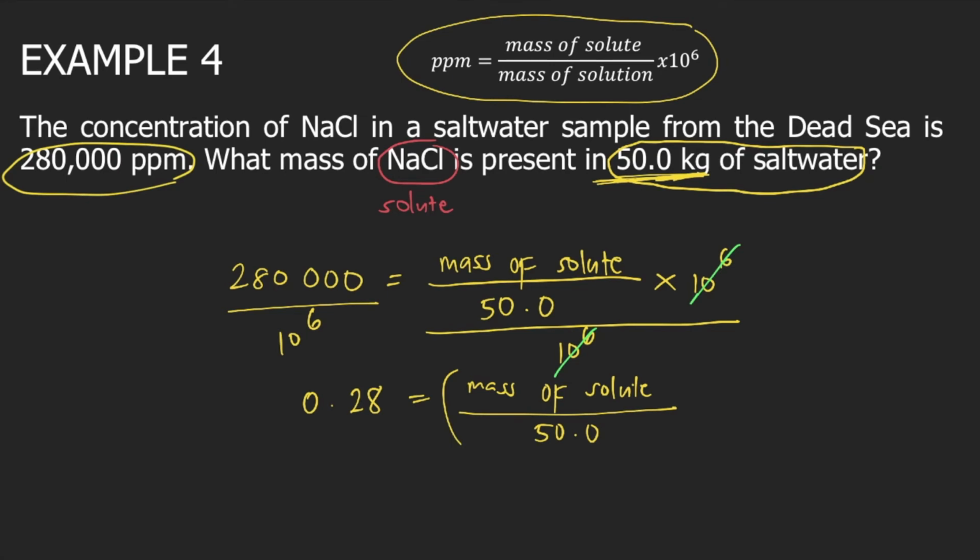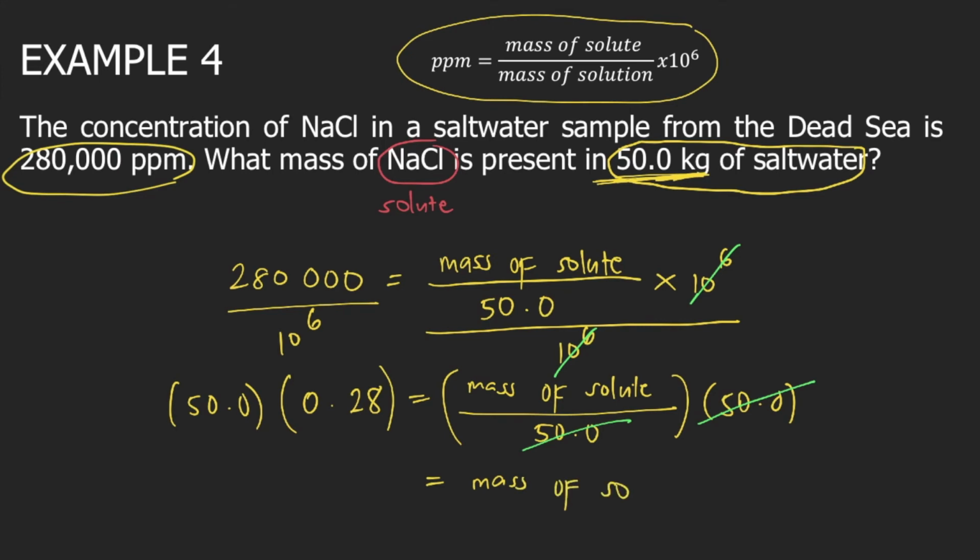You multiply both sides of the equation by 50. So 50 cancels out on the right side, and what's left on the right side is mass of solute. And on the left side, you have 50 times 0.28. This is equal to 14.